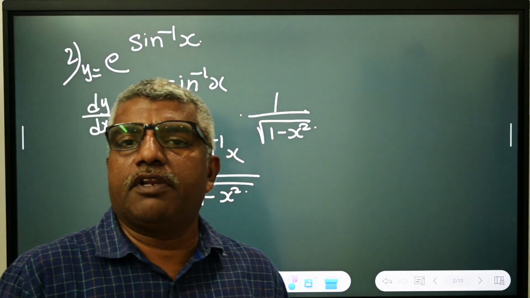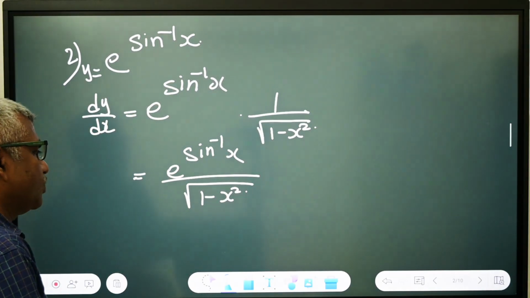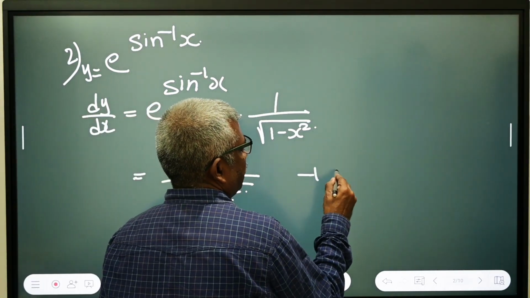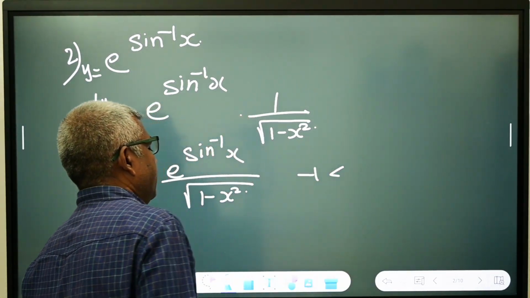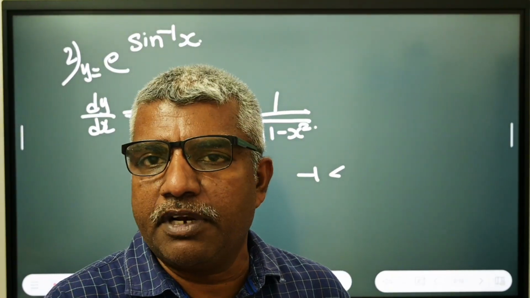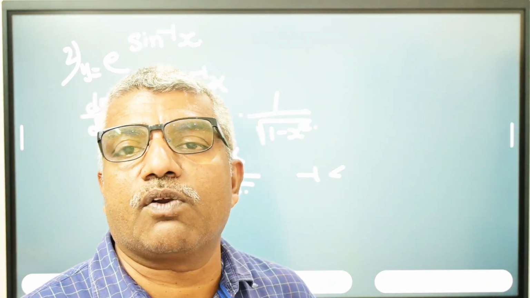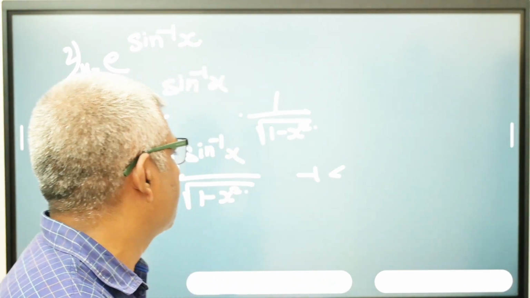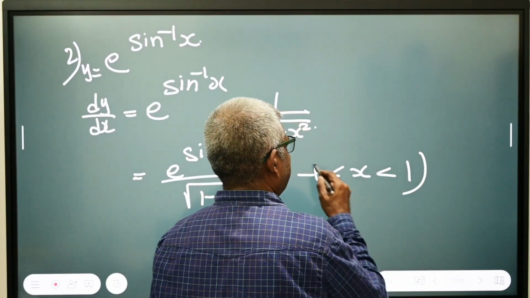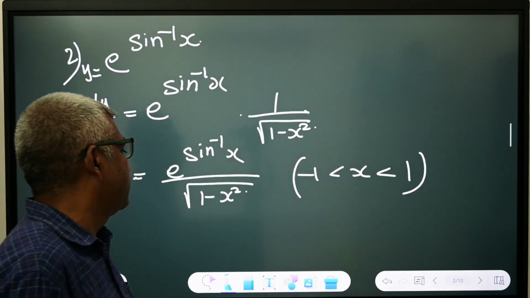Here also denominator should not be 0. So x value is between minus 1 to 1. Here there are two conditions. One is that denominator should not be 0. Another is that inside the square root should not be negative. So x value is between minus 1 to 1, not including minus 1.